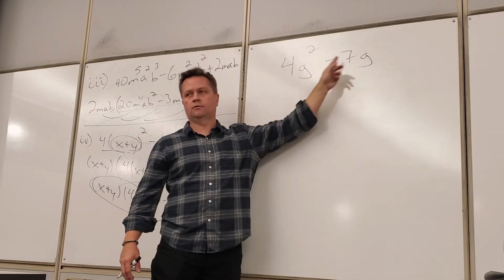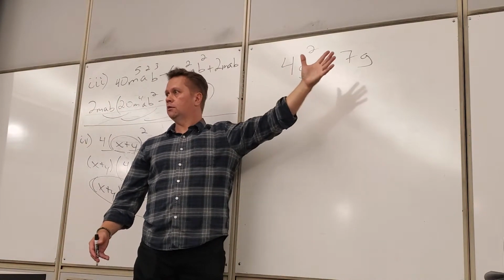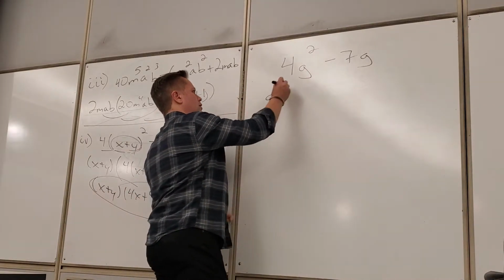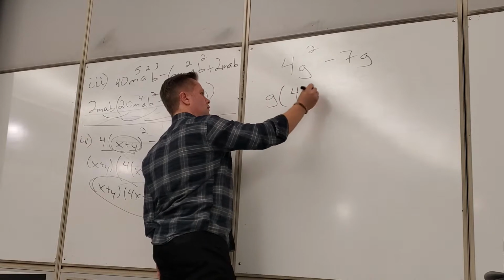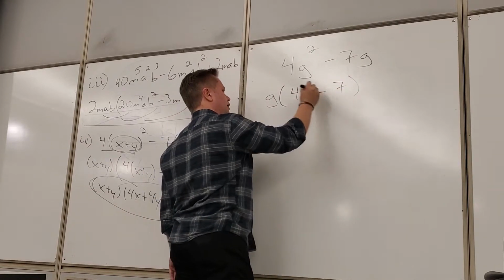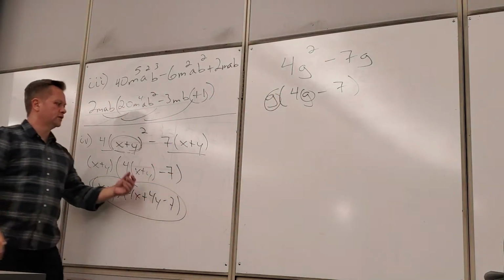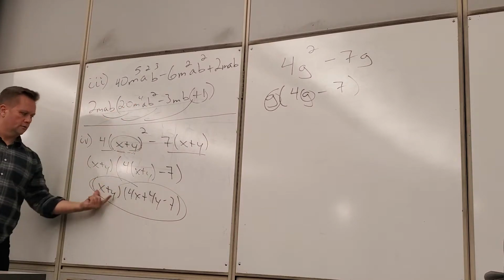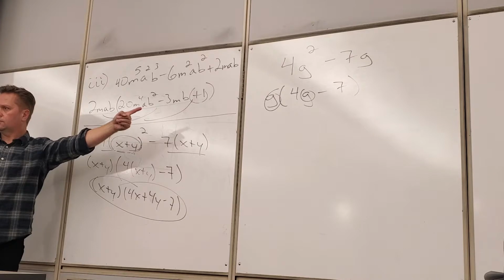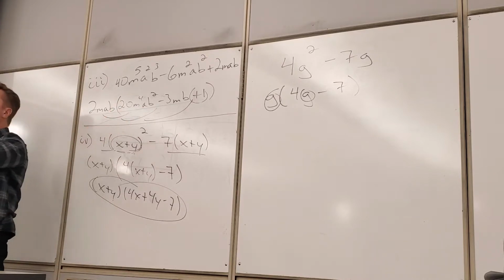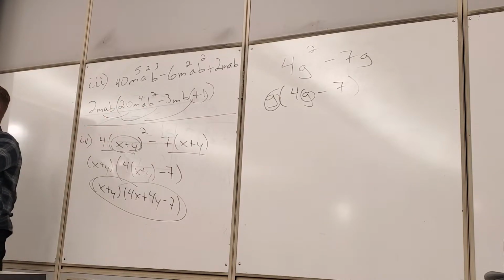What can come out of these two? 1g. So I take a g out, and what would be left? 4g minus 7. Now if g was x plus y, same answer, right? So the x plus y is a single thing.